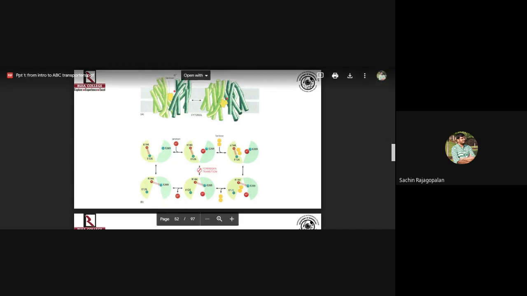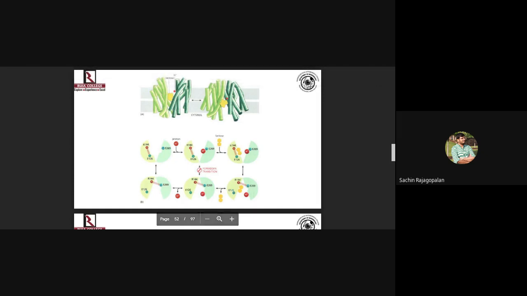And once lactose binds, it immediately undergoes conformational change, because this binding changes the way amino acids interact with each other. So as the interaction changes, दोनों के बीच में जो interaction था वो टूट चुका है. Now the interaction has shifted to the next two amino acids, thereby changing the conformation.